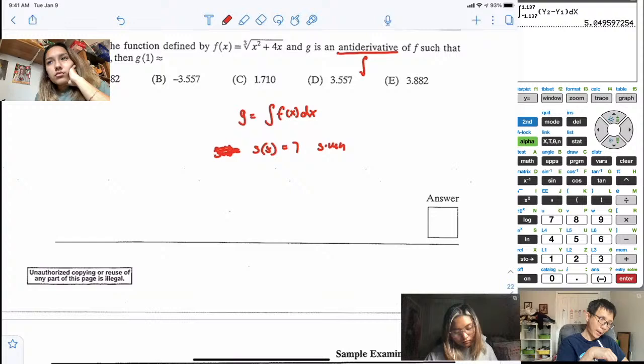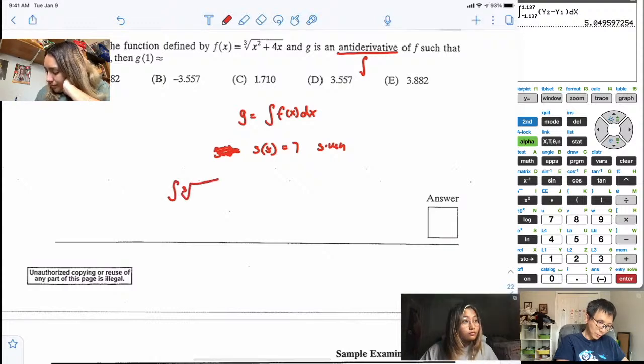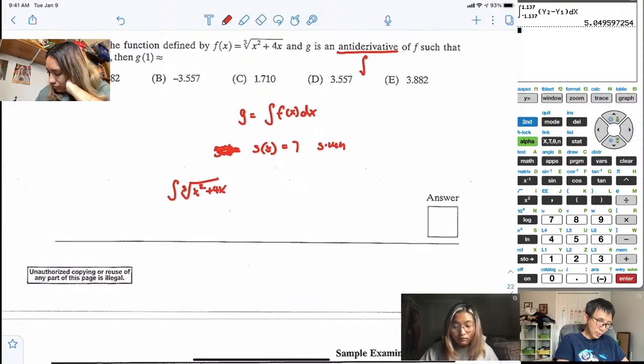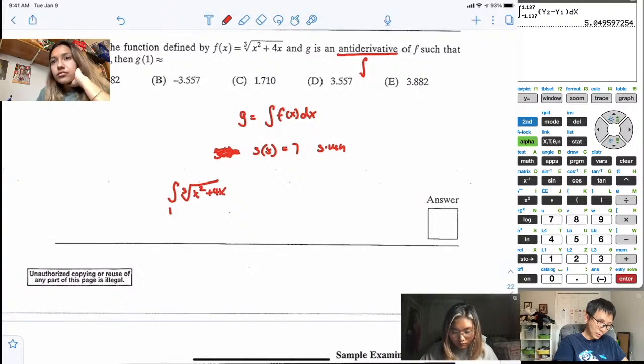So if you integrate the f it becomes g, and you can write down this integration of the cube root of x squared plus 4x. The reason I would choose the boundary 1 to 5 is because they give us that boundary: g of 5 is equal to 7, g of 1 is equal to something.